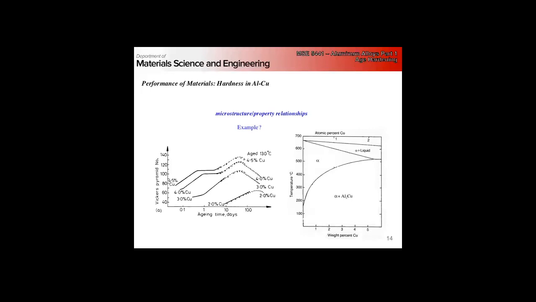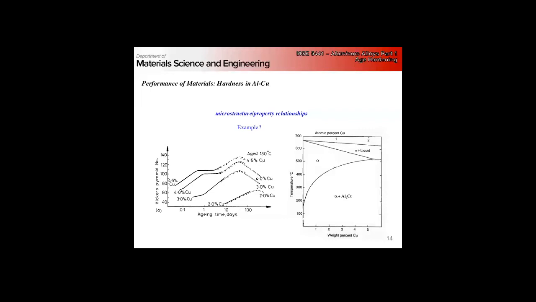I'd have to go back to the actual source. And for the curves below, like 3% copper. Yeah. Why did the slope like? What was that?